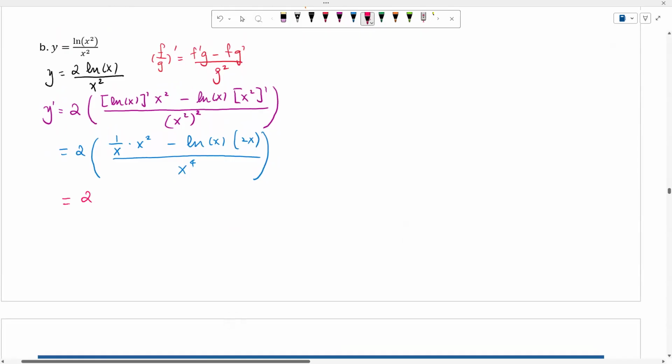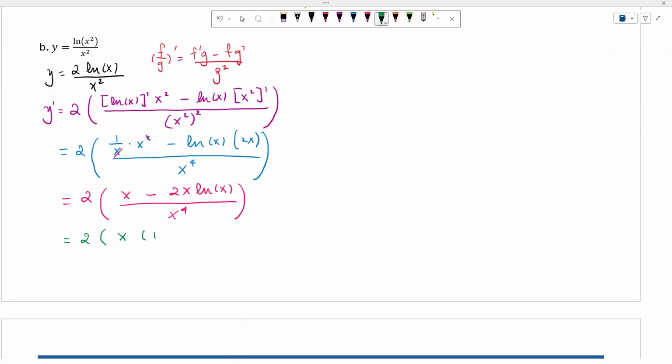Then x and 1x cancel, so I will have x minus 2x natural log of x over x to the power 4. We could take out 1x, so I have 1 minus 2 natural log of x, and then this whole thing over x to the power 4.